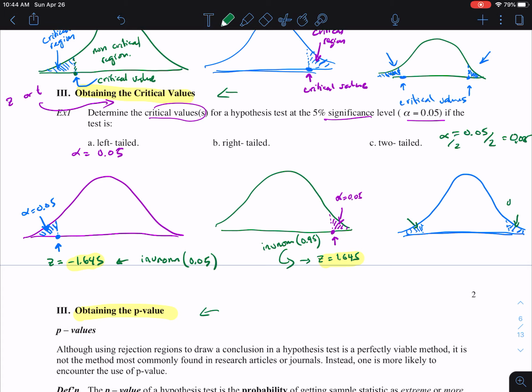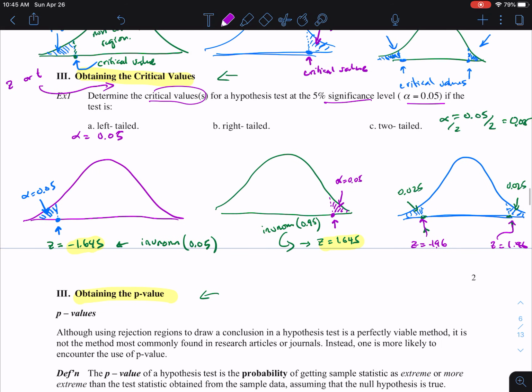So 0.025 and 0.025, and that will give us these critical values. If you use inverse norm again, you should arrive at Z equal to negative 1.96 on the left hand side, and Z equal to positive 1.96 on the right hand side.